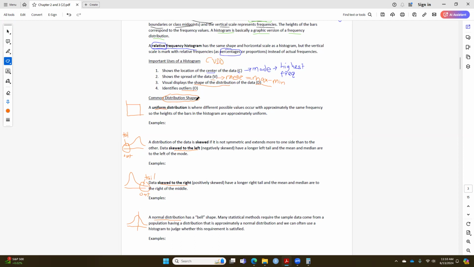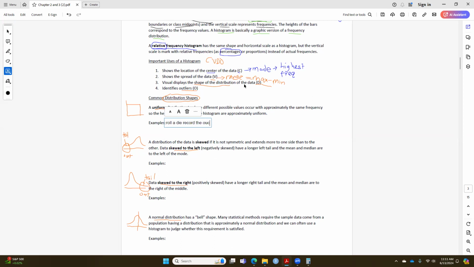Okay, so we're going to talk about some examples we're going to use. So we know the uniform distribution, which is where everyone just has the same bar, right? What examples in the real world will give us a uniform distribution? An example is when you roll a die and you record the outcome.